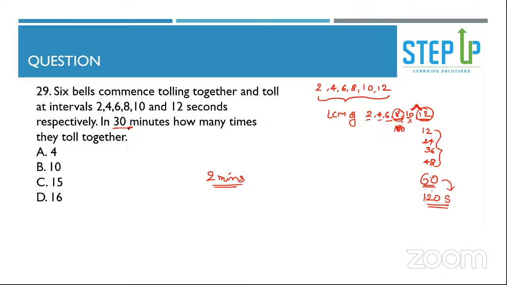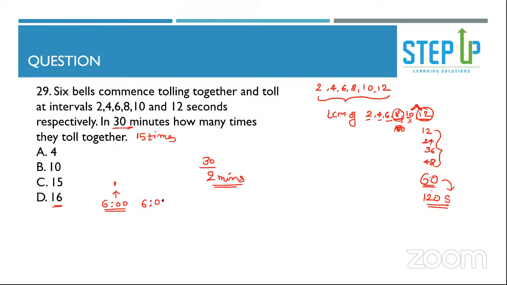So in 30 minutes, how many times will it toll together? 15 times, 30 by 2. But the answer is not 15, because they are asking in 30 minutes how many times they toll together. Let's say they have tolled together at 6 o'clock. Now this will be counted as 1.